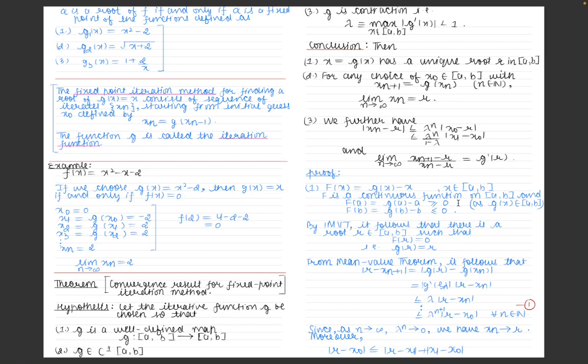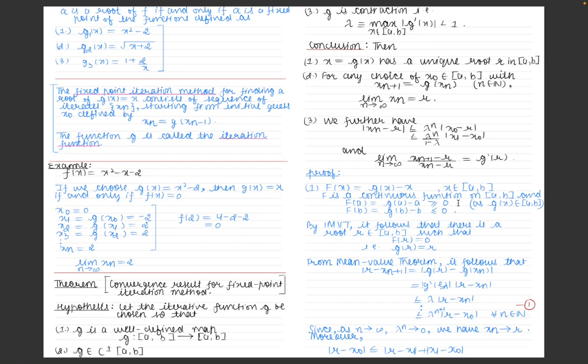Now, what does it mean? It means that its supremum, or in this case maximum, because g is a continuous function so the supremum will be attained, the maximum of the modulus of g prime of x for x in [a,b] is less than or equal to 1, and we assume it to be lambda.